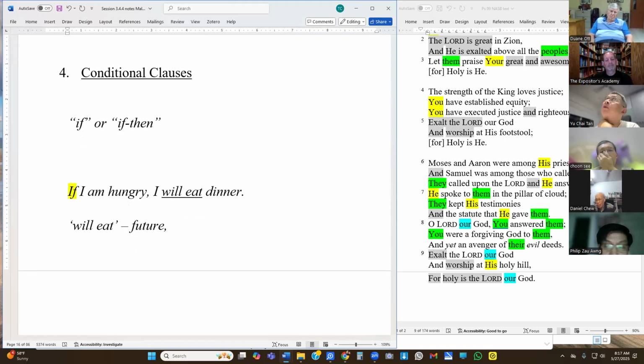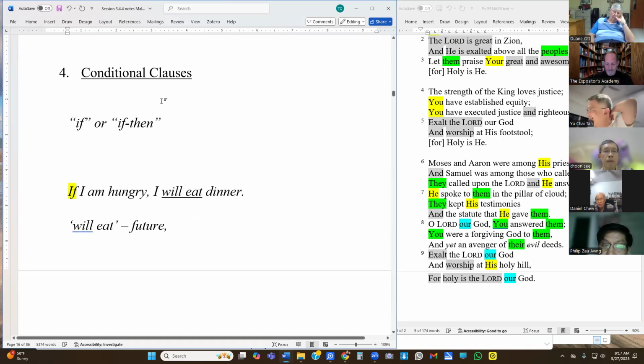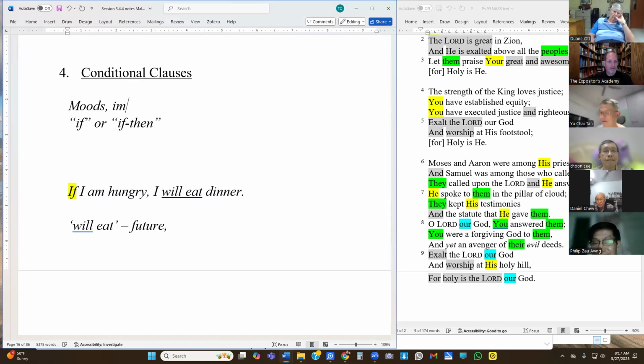And this will be subjunctive, if I'm not wrong. Well, he doesn't say I may eat. Oh, sorry. It will be an aorist, right? Well, remember the moods are imperative, indicative.